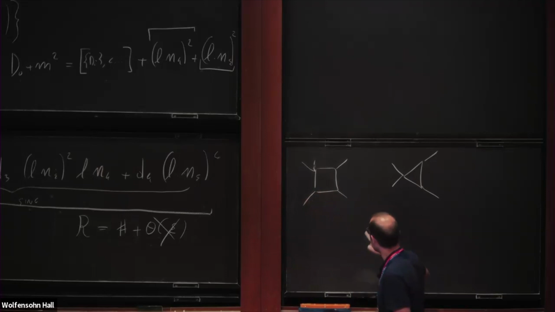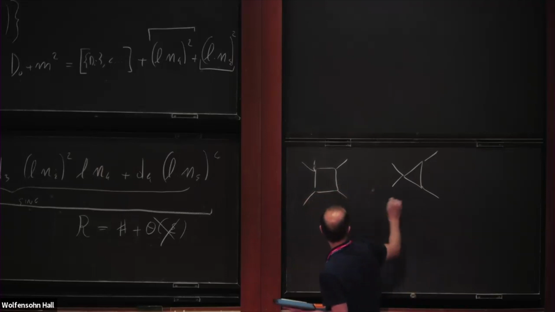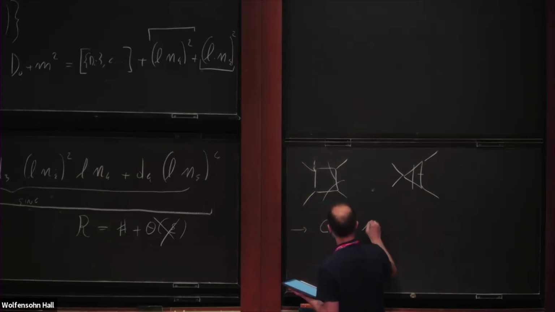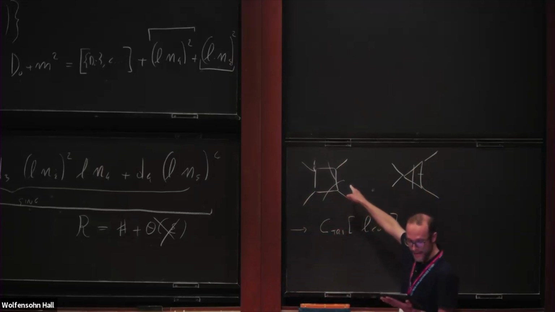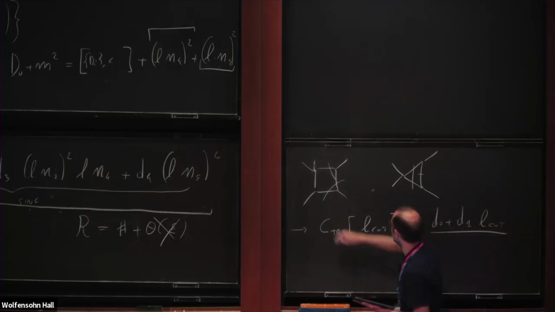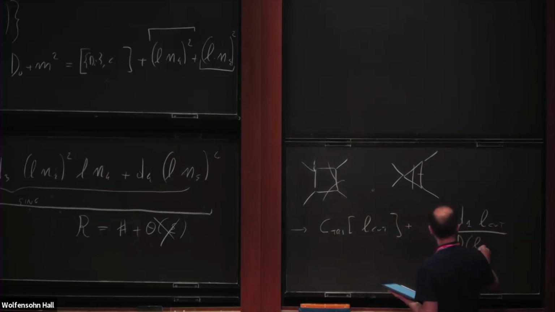So if I do a triple cut here, I will have that this gives me what I want, so basically the most general numerator of the triangle evaluated on the cut. But I will have a pollution from the box. So D0 plus D1 L cut over whatever denominator is left. It's not cut. Everything on the cut. Okay.